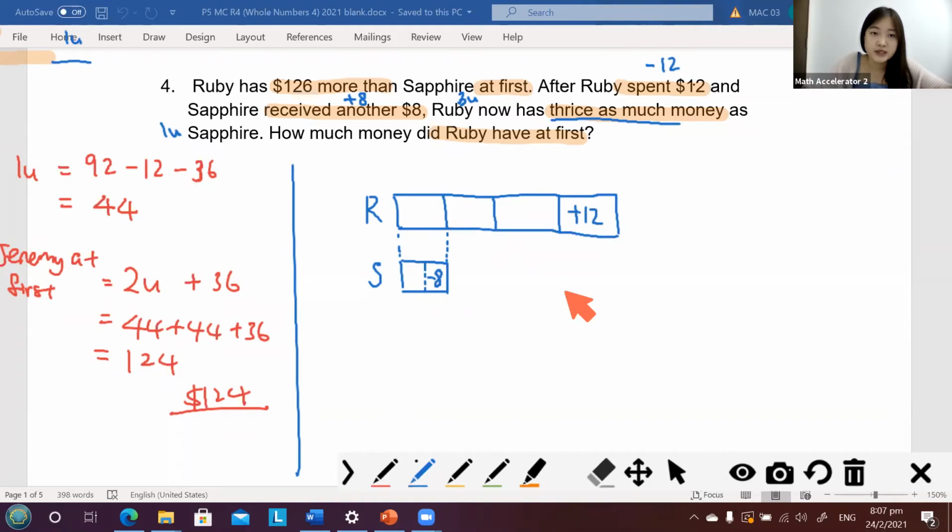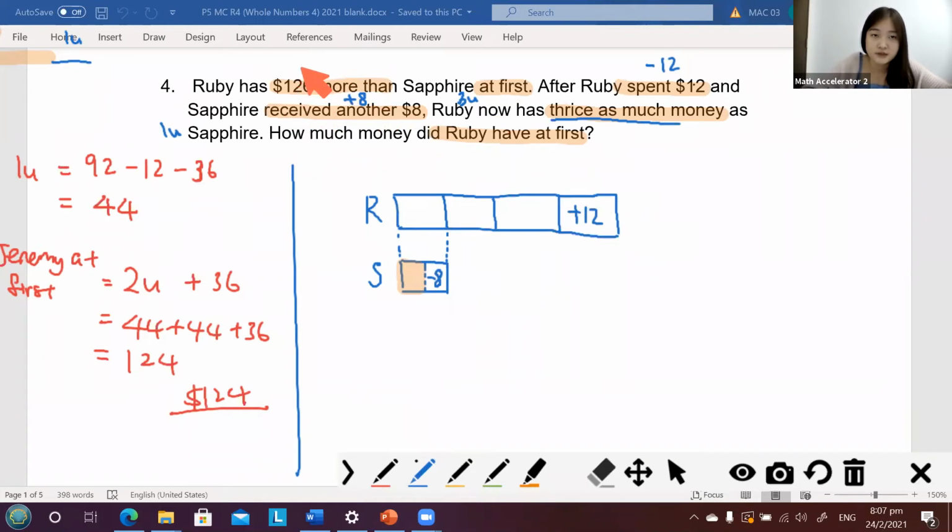Now, Ruby has $126 more than Sapphire at first. So do take note where the units are, and where Ruby at first is, and where Sapphire at first is. Sapphire at first is without the 8 because we removed it. As for Ruby, it is everything here because we added back the 12. So now label your $126 more.